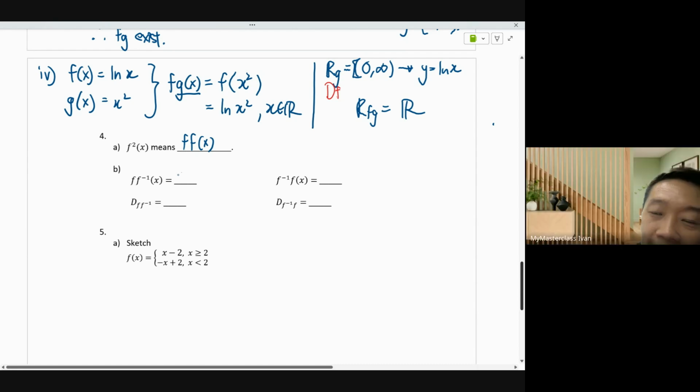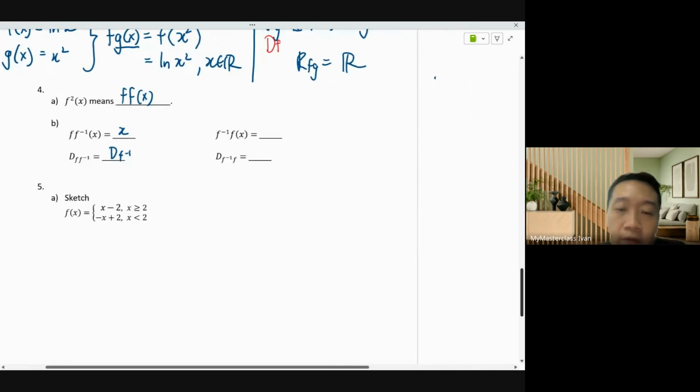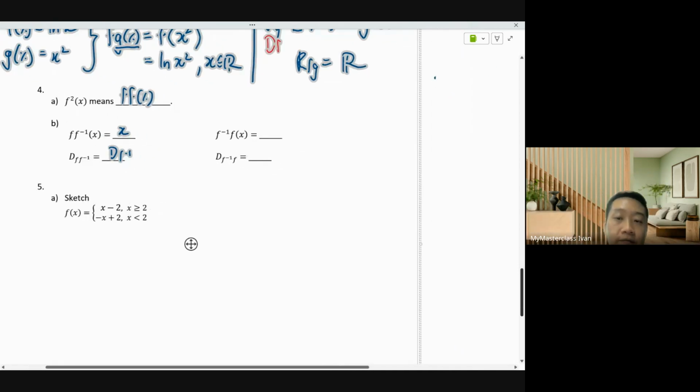No, f and f inverse will negate each other, so it's just x. For example, f inverse f also gives you x only. Domain of f inverse f is equal to the domain of f.